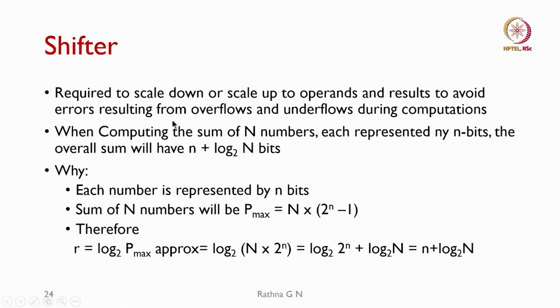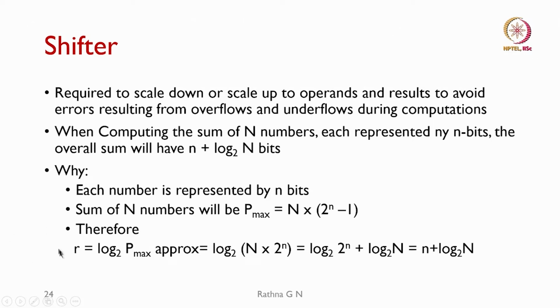So, when computing the sum of N numbers, each is represented by n bits. The overall sum will have n plus log 2 N bits. We have to say why this is so. Each number is represented by n bits, and for the sum of N numbers, sigma i equal to 0 to N minus 1, the maximum is going to be N into 2 power n minus 1.